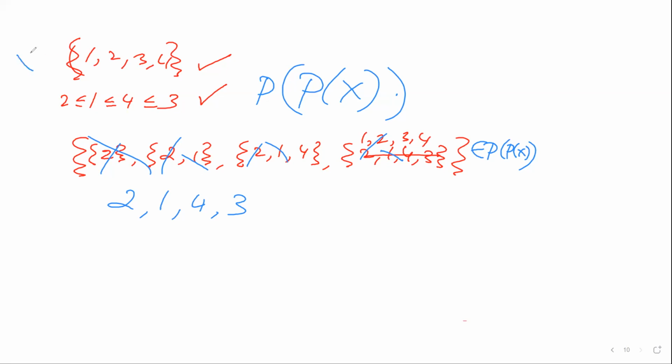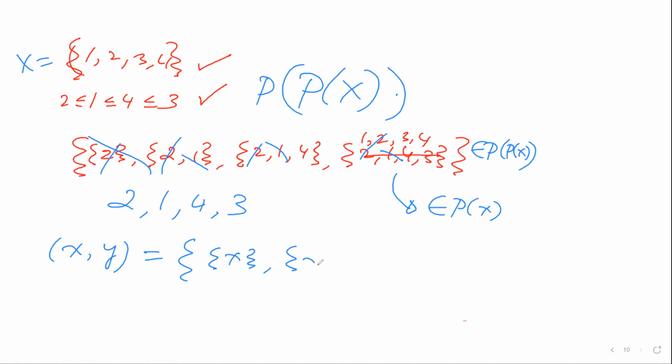This is the set X. These are elements of the power set of X. And this is the power set. This is an element of the power set of the power set. Now, look at this. You want an ordered pair? I'll give you one. There.